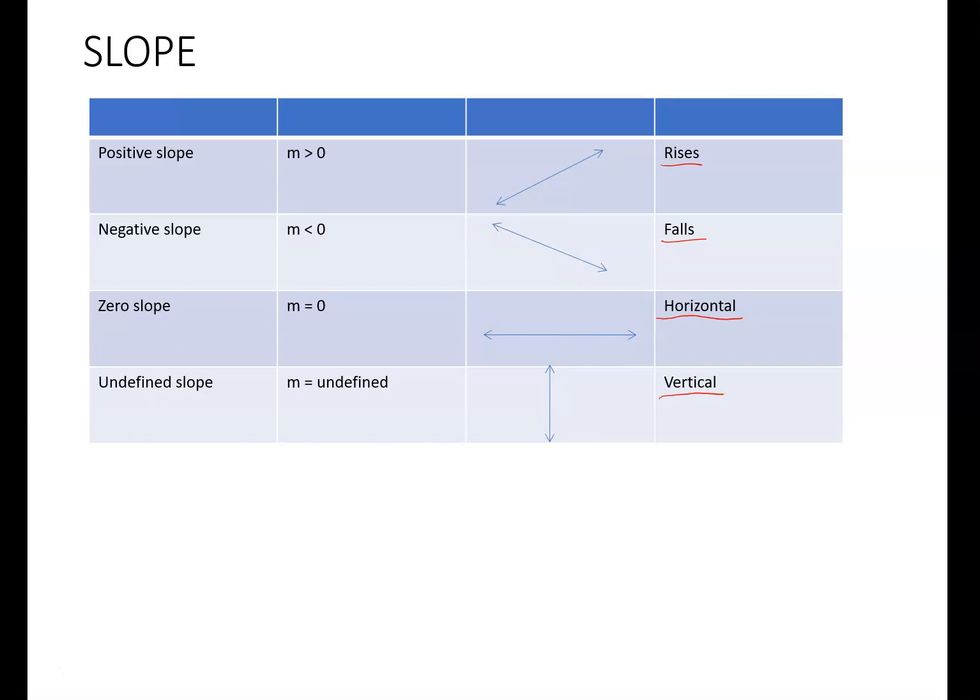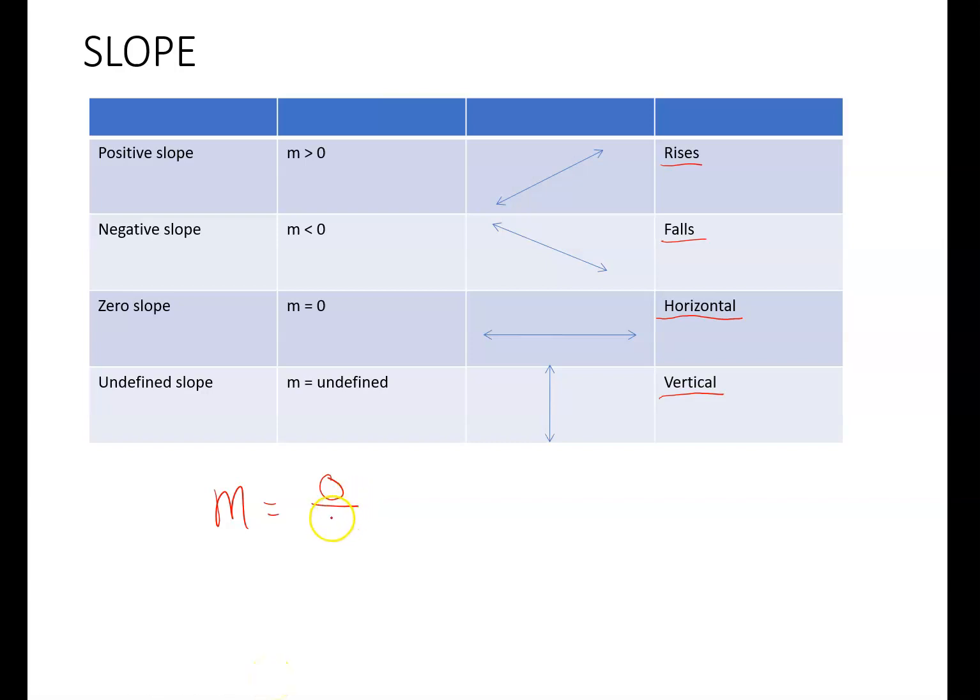That's a common mistake that I see students make. You have to remember that when the slope is 0, the line is horizontal, and when the slope is undefined, the line is vertical. Let's think for a minute why that would be. So if we're looking at the slope, rise over run, for m to be 0, you would have to have a 0 on the top, and it could be any number on the bottom.